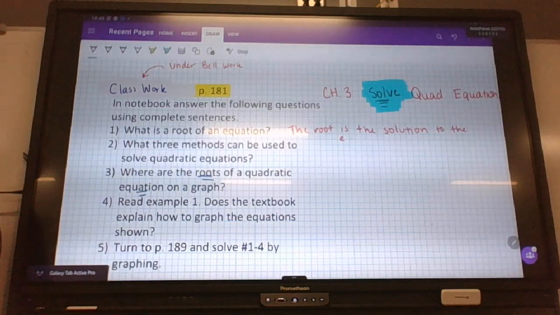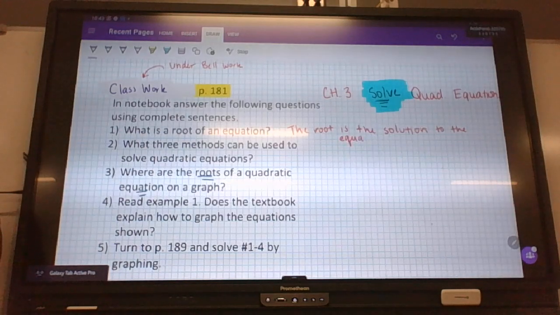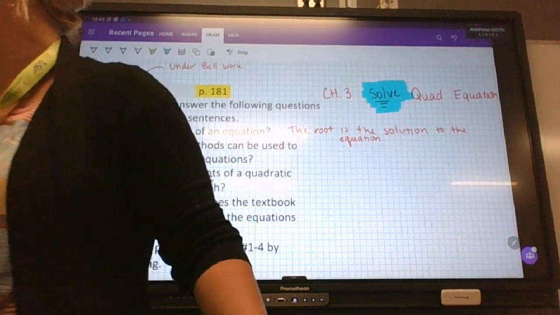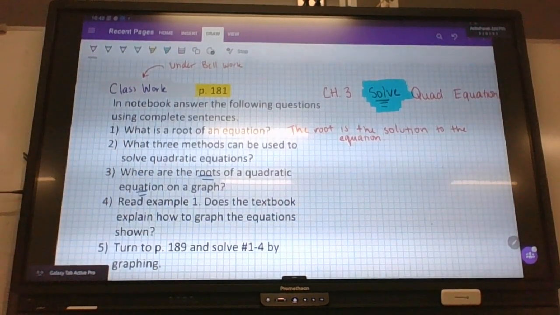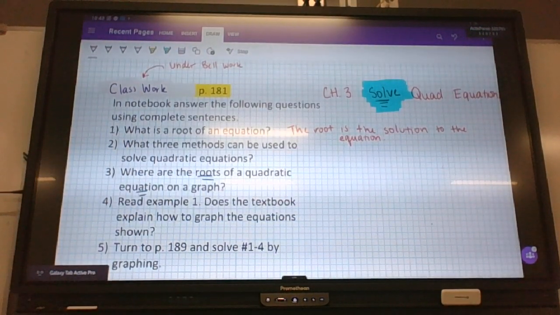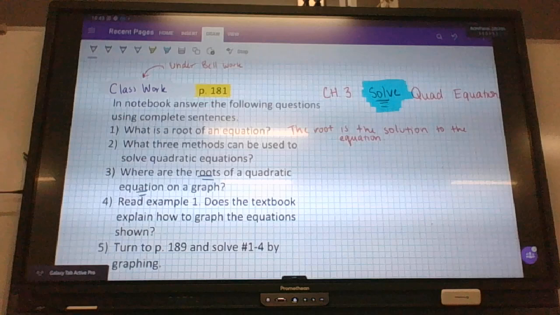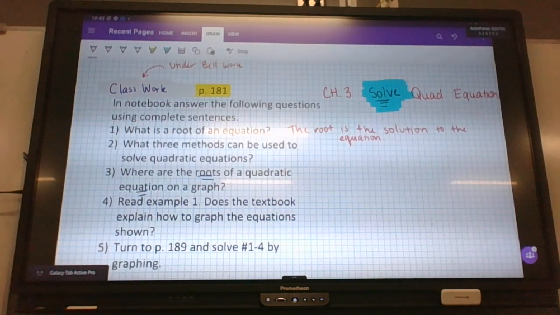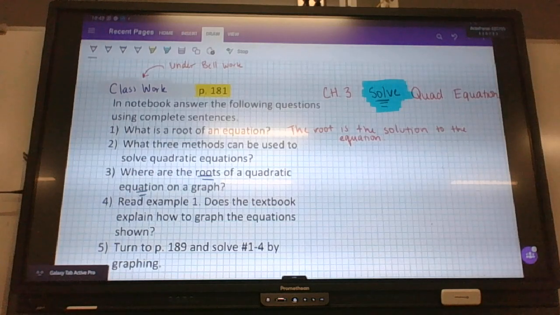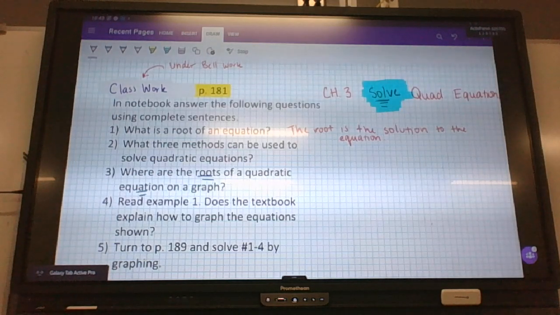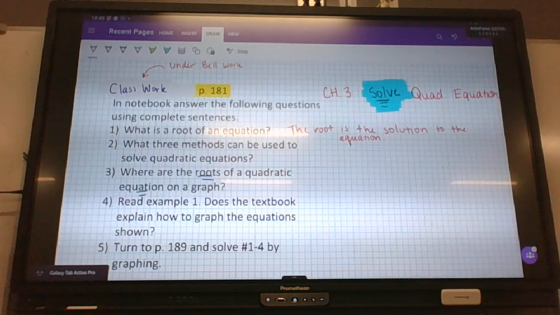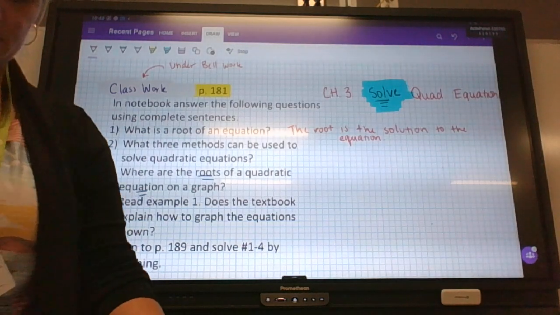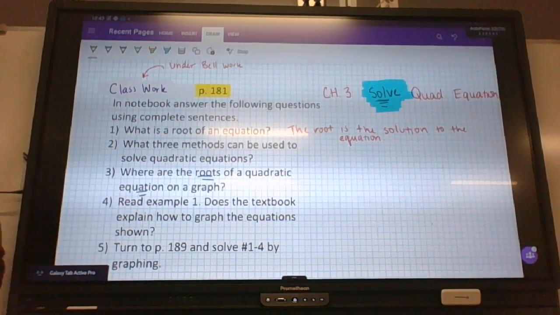The root is the solution to the equation. So that's interesting and annoying. I get kind of annoyed by this. Why can't they just call it a solution, right? So I'm going to go ahead and state that a root is a solution. They're synonymous. They're equal. I mean, there's a tiny difference, but it does not matter in algebra 2. So the root is the solution.